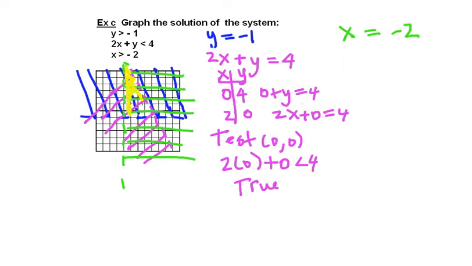It's a triangle, and it's bounded on the left by the green, on the bottom by the blue, and on that right diagonal by the pink. So this is going to be the solution area of this system of three inequalities.